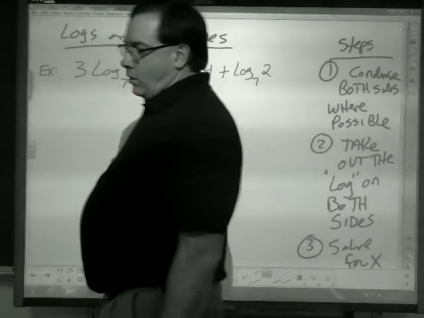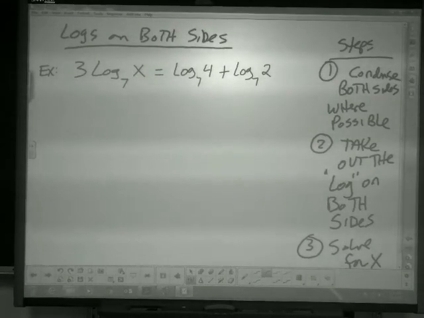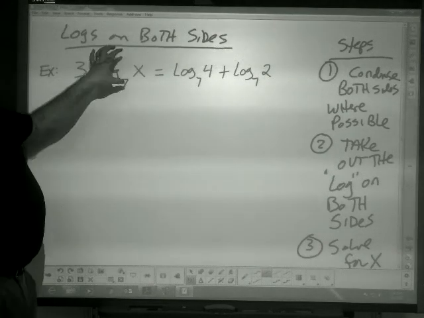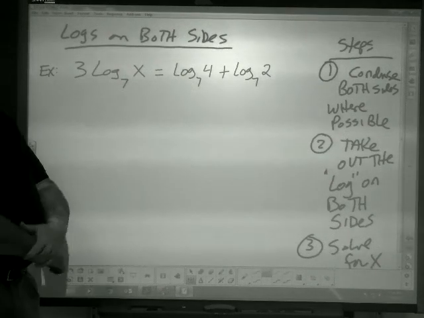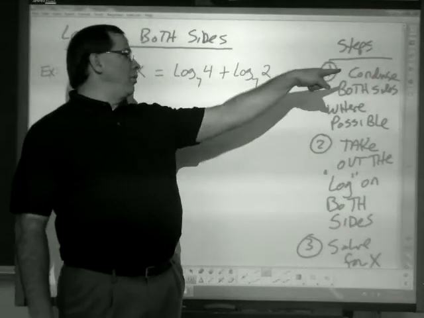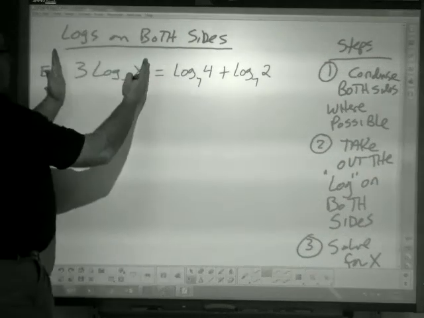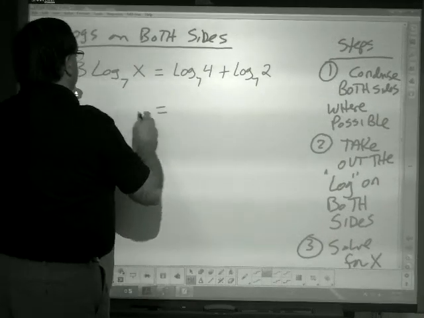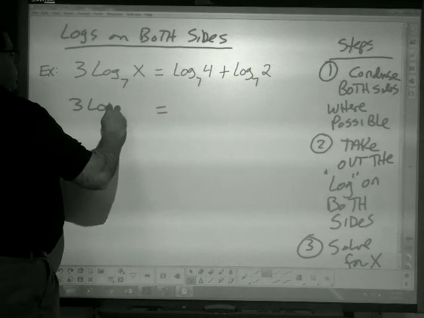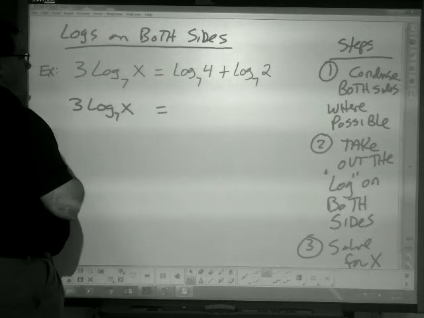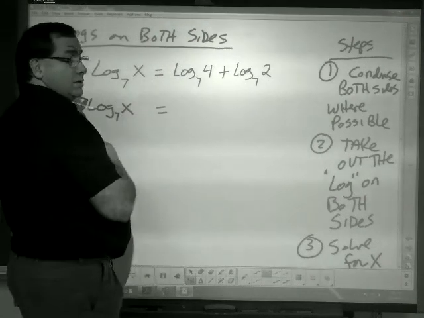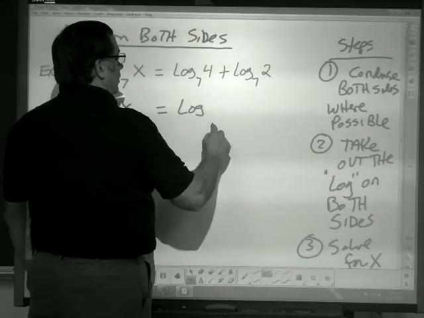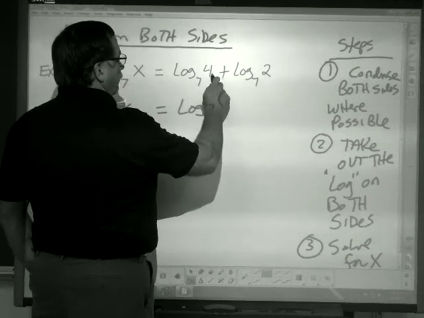Take a look at now what happens if logs are on both sides. So notice now, logs appear on both sides of the problem. So I have to condense both sides where possible. This doesn't need any condensing. This does, so I better condense it first. So this just comes along for the ride. 3 log base 7 of x, plus turns back to multiplication. So log base 7, 4 times 2.